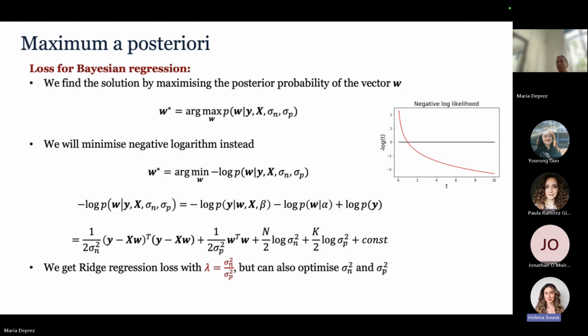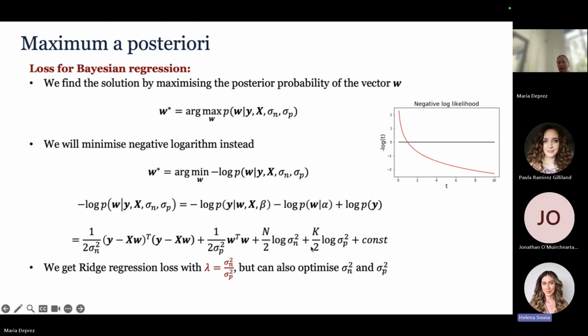But if you start caring about what your noise is and want to fit it, then you don't ignore it. If you take the logarithm of a Gaussian distribution, you get the sum of square error weighted by the precision of the noise, plus a term which is the logarithm of the noise, and it's there n times, once for each point. So you have something to optimize also for the noise parameters.